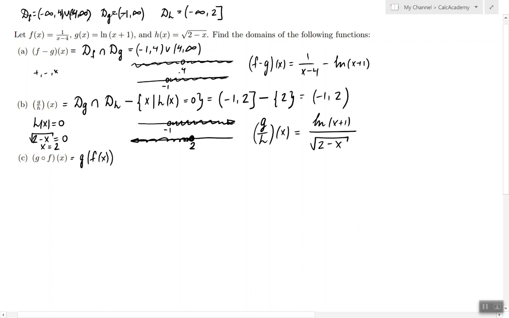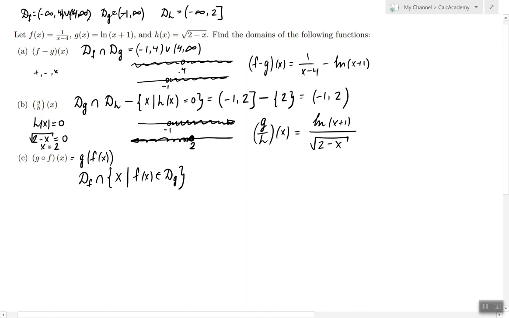So the way we write it is, so let me remove these equal signs here. So the domain will be the domain of f together with the set of all values of x so that f of x is in the domain of g.